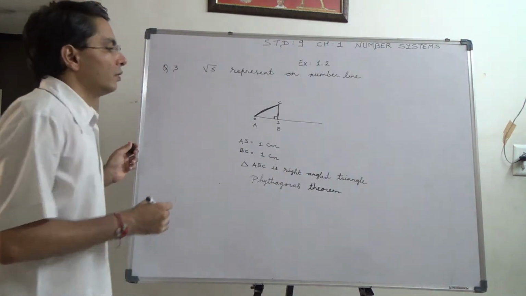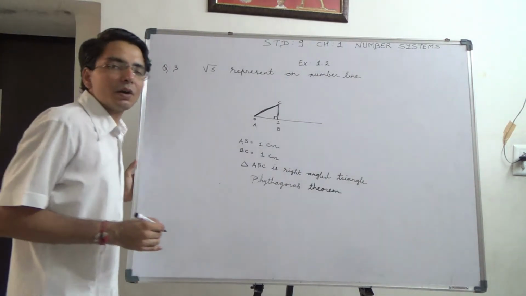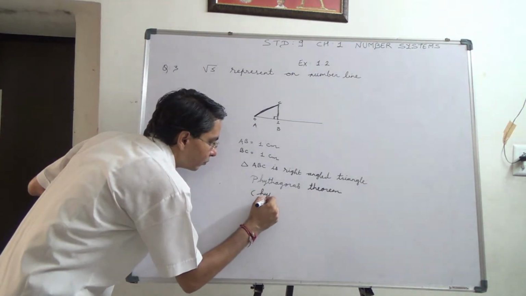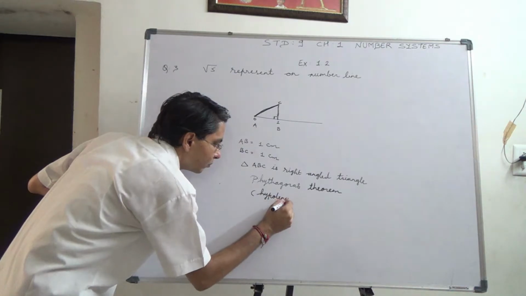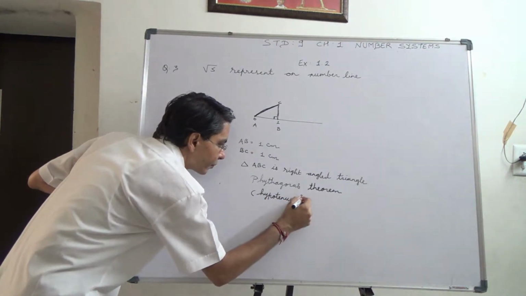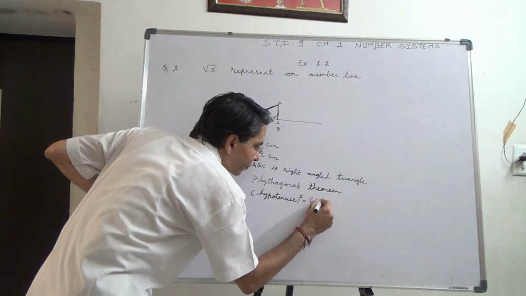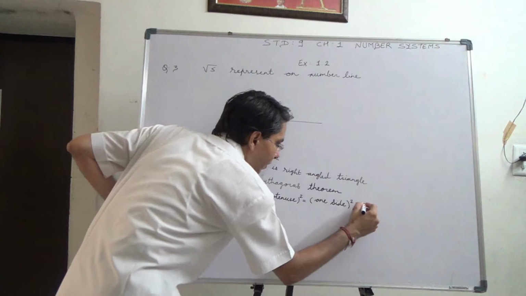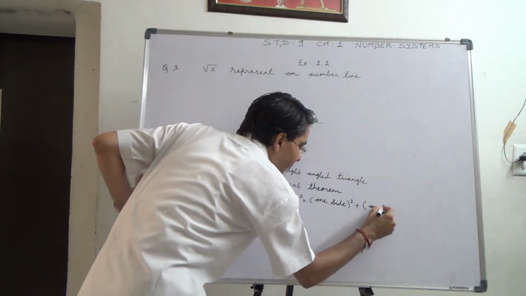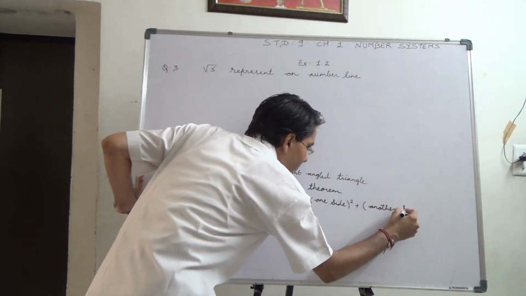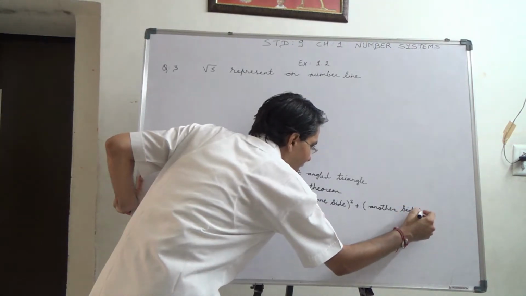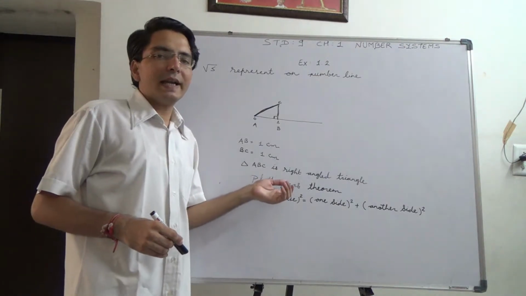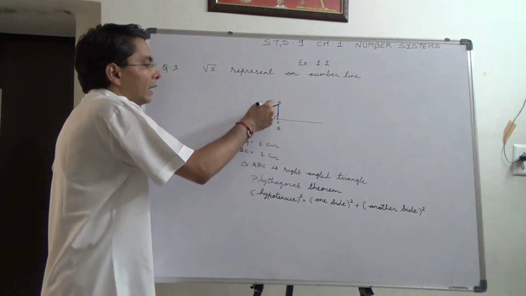Hypotenuse square is equal to one side square plus another side square. And a question arises in our mind: what is hypotenuse?